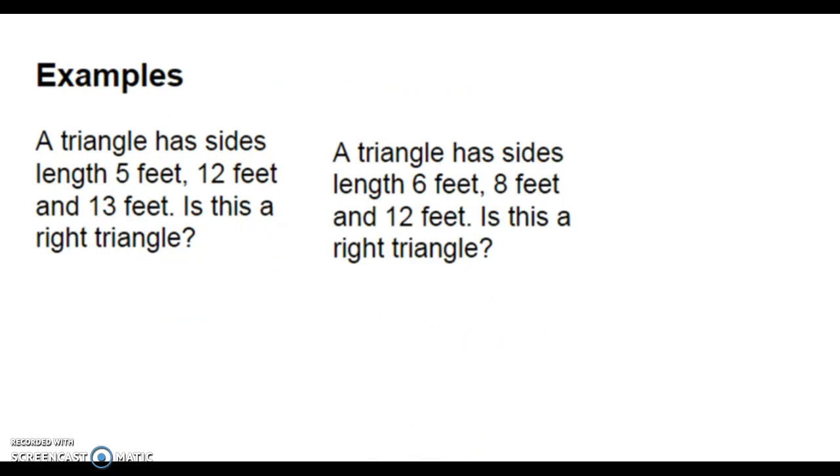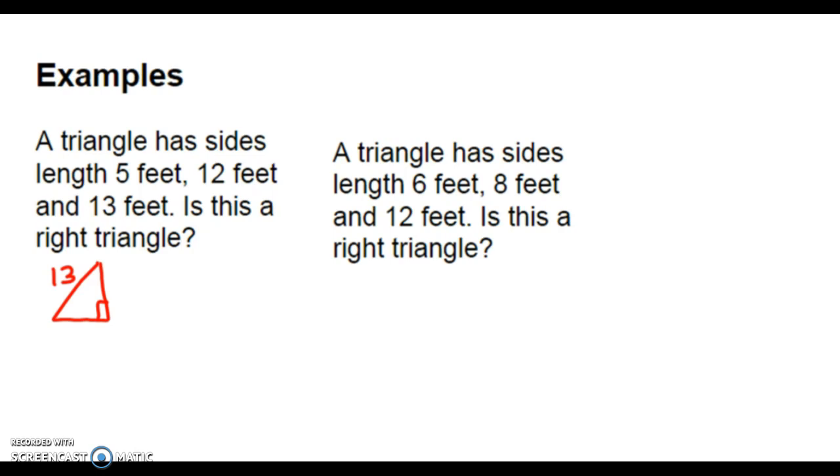Similar to what we just did, we have an example where a triangle has the lengths of 5 feet, 12 feet, and 13 feet. Is this a right triangle? Which sides go to which? We have 5, 12, and 13. In a right triangle, the longest side is always going to be your hypotenuse. So in this case, the longest side is 13, so our hypotenuse is 13. For the other two legs, it doesn't matter.